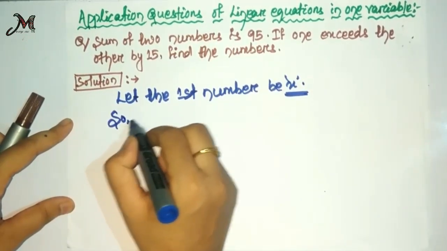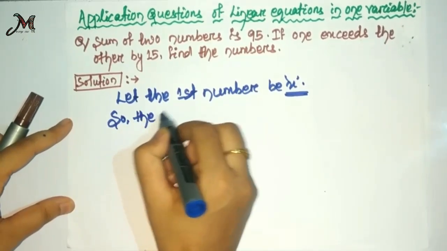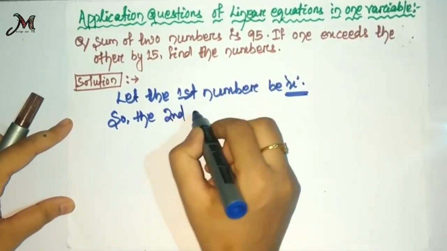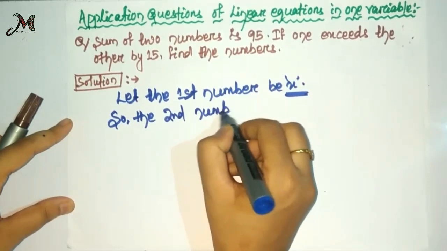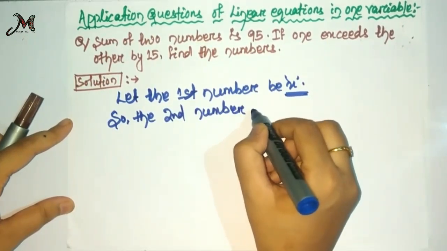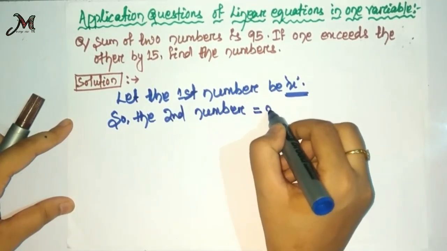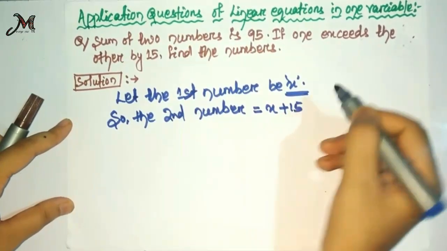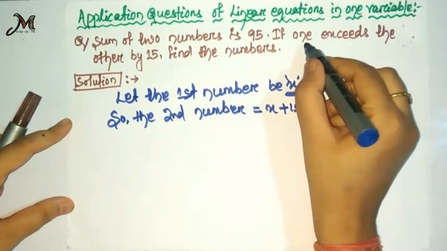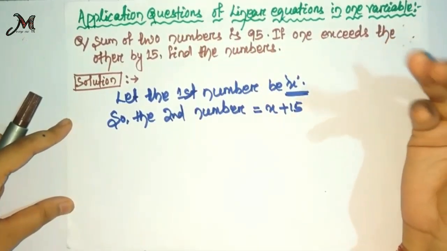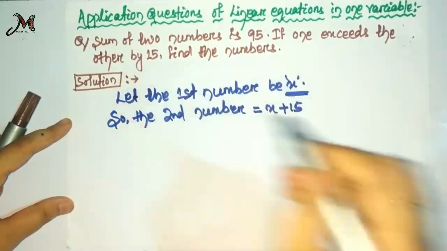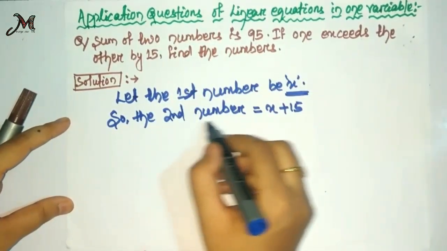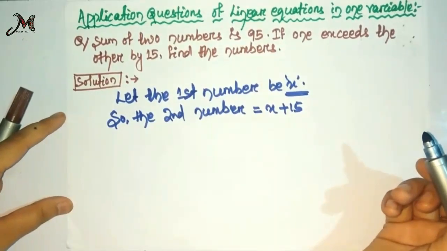So the second number, what will be the second number? The second number will be x plus 15. Why? Because it is given that a number exceeds the other number by 15. So we can write the second number as x plus 15.